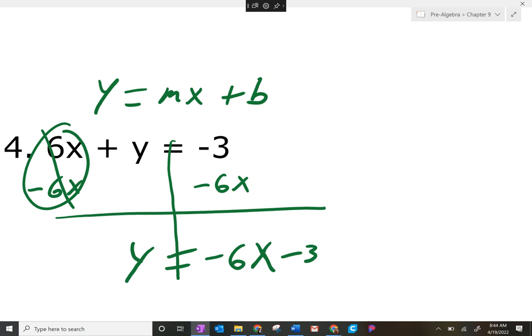So make sure you put the x behind it. So negative 6x minus 3. What's your m value? So it's the letter or number in front of the x. Yep, so put m equals. And then it has to be in a fraction, so it's going to be over 1. And I already checked the rest of those guys. Okay, got it. Yep. Perfect. Now what's your b value? Yeah, use the equal sign. And this one you don't have to put it over 1. It can just be negative 3 by itself.